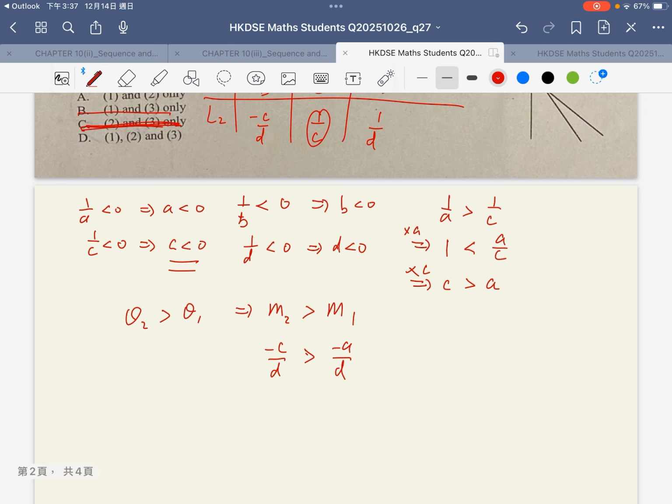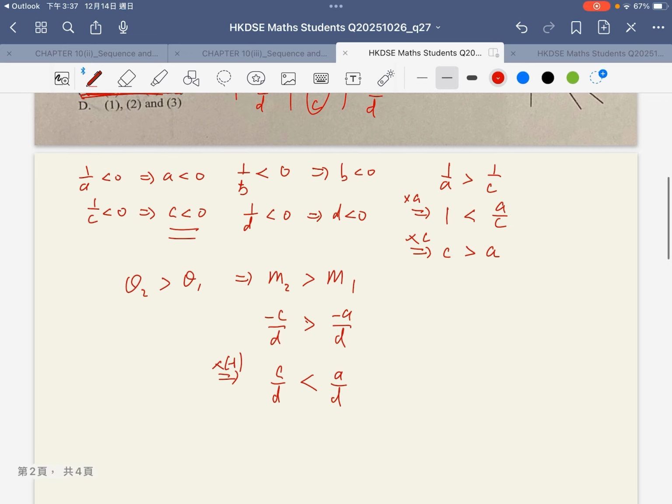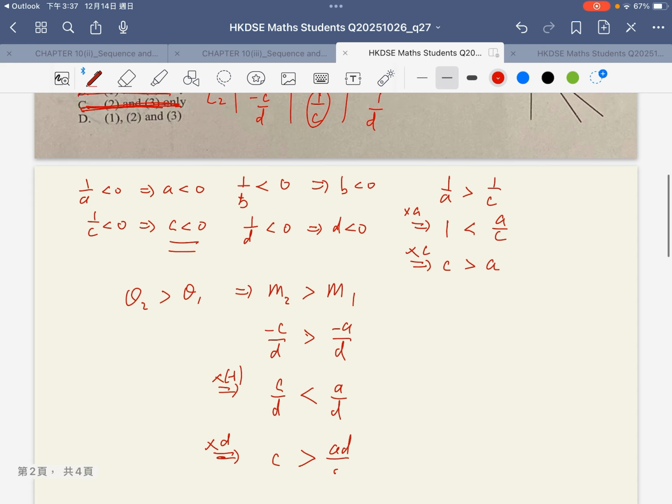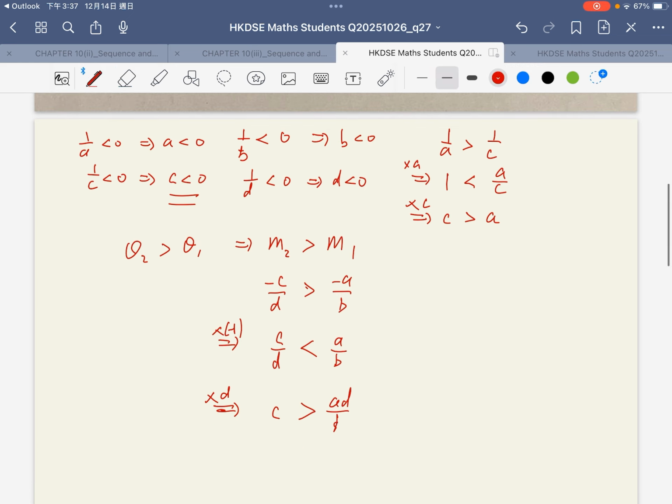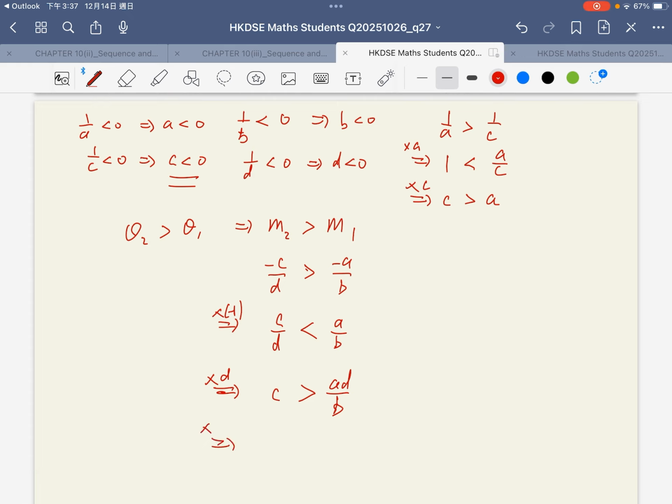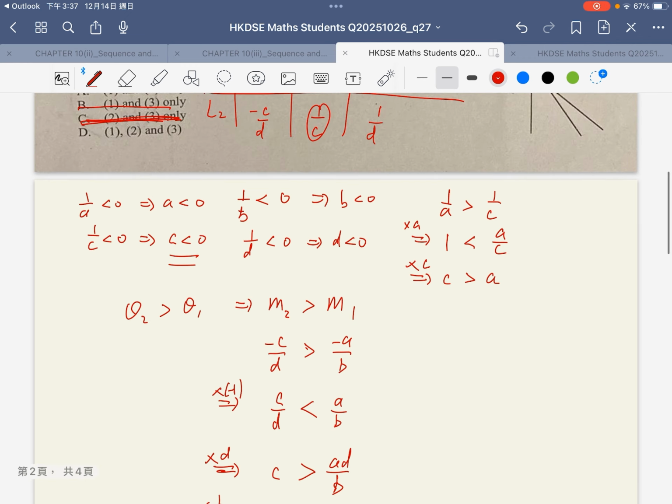First, cancel the negative sign. I mean multiply by negative 1 on both sides. That is, we have to change the sign. Then next, we multiply by D. D is negative, therefore we change the sign again. Oh, sorry, I made a mistake here. A over B, that's B. And finally, we multiply by B. But B is negative, you can see.